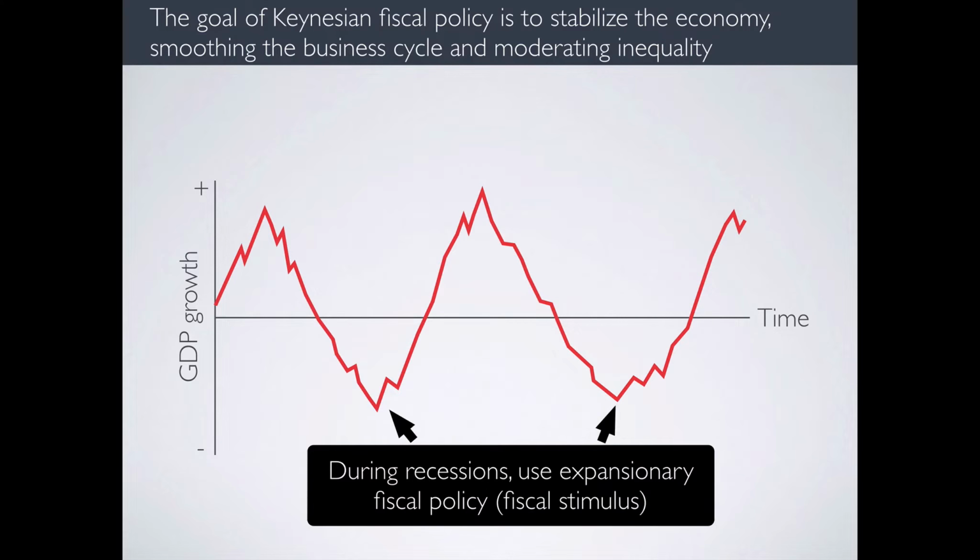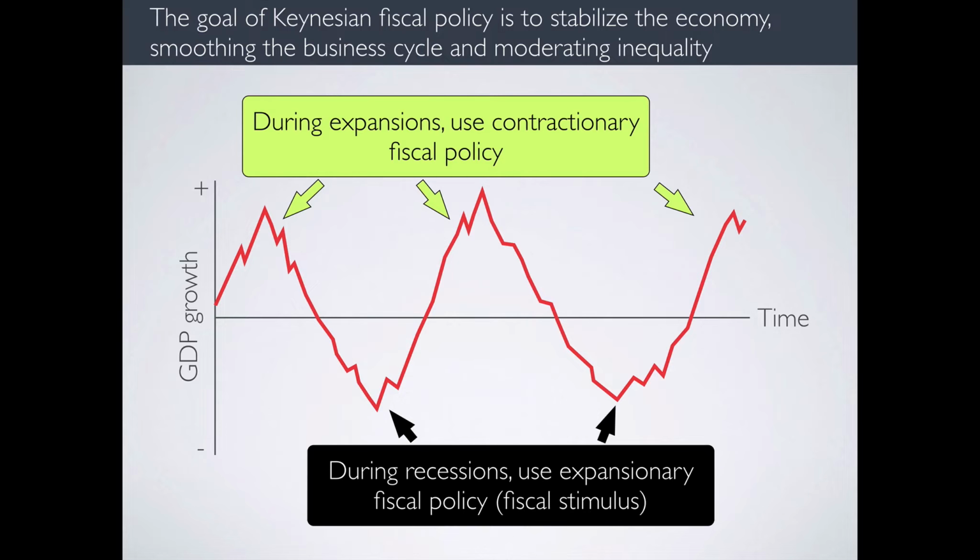Well, when we have recessions, we need to use expansionary fiscal policy. All right, that is fiscal stimulus. And when we have expansions, we can use contractionary fiscal policy. All right. More on these terms later. We'll define expansionary and contractionary fiscal policy very carefully.